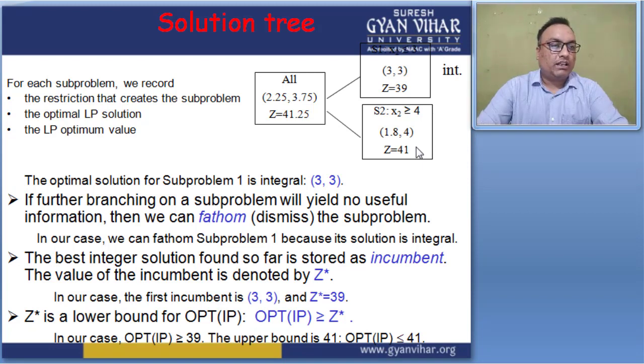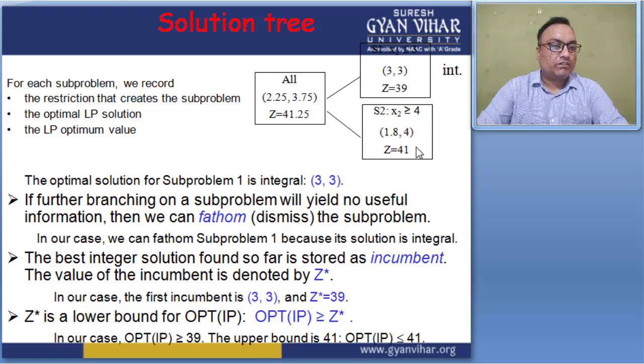The optimal solution for subproblem 1 is an integral point. If further branching on a subproblem will yield no useful information, then we can dismiss the subproblem. In our case, we can dismiss subproblem 1 because its solution is integral.